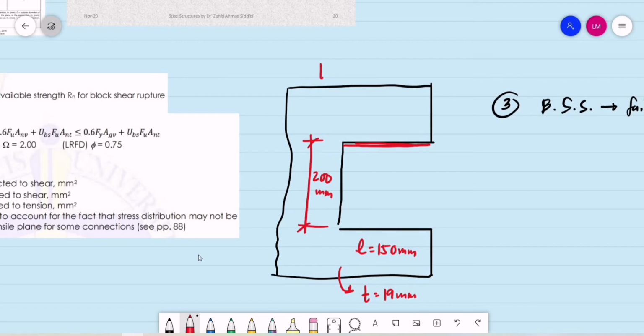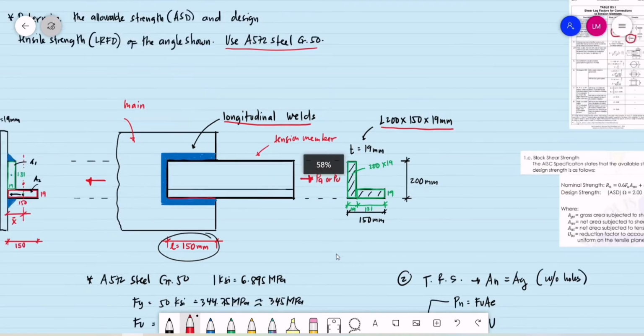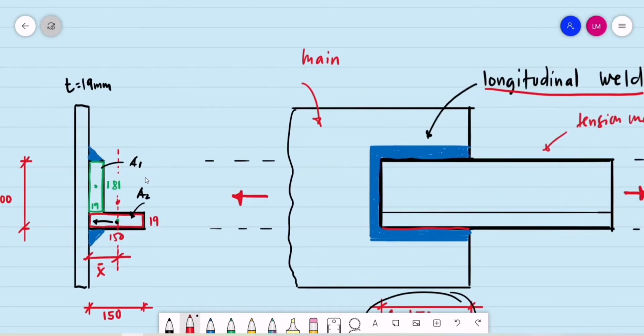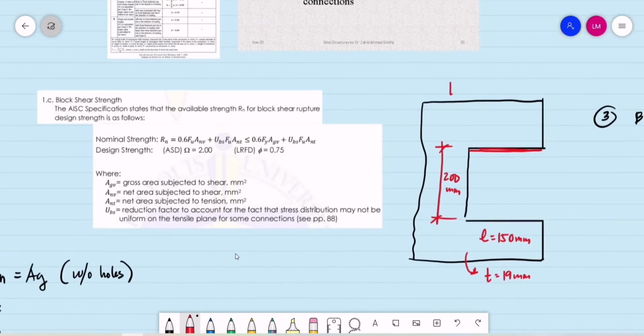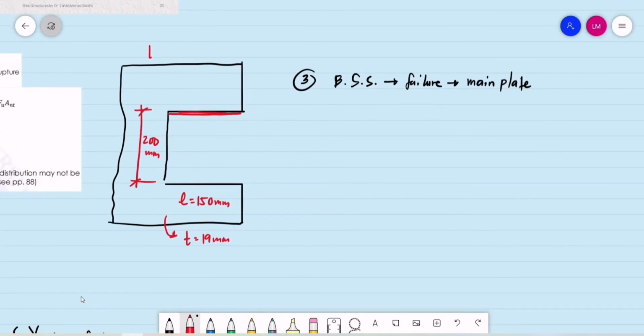Okay, so these properties are already given at the start of our lecture. So our main plate is also 19 millimeters. So again, if you are to consider this third analysis for the block shear strength, failure will occur in our main plate.